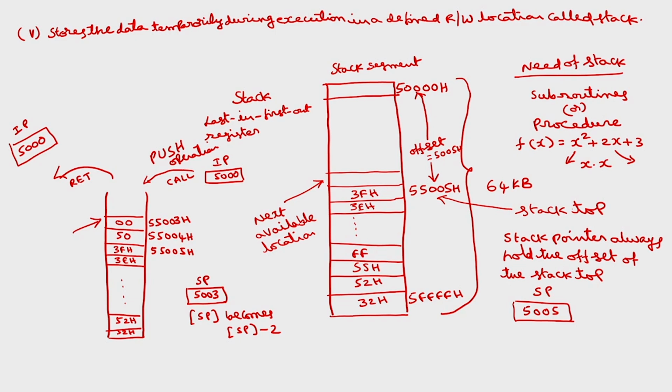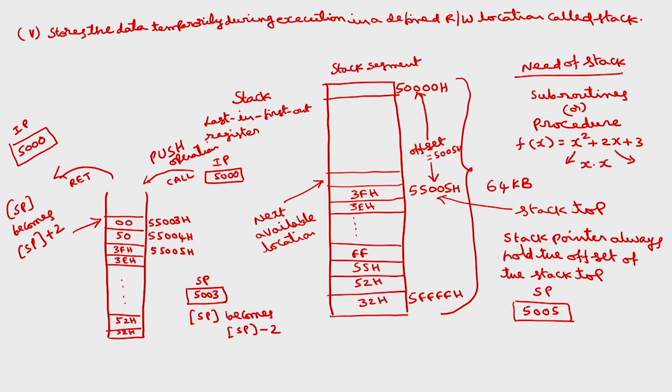Now the stack top points to the previous location 5005. Now the stack pointer contents become 5005 only. So in the return instruction, stack pointer becomes stack pointer plus 2. So this is about the stack operations.